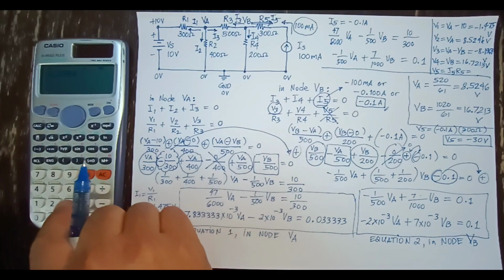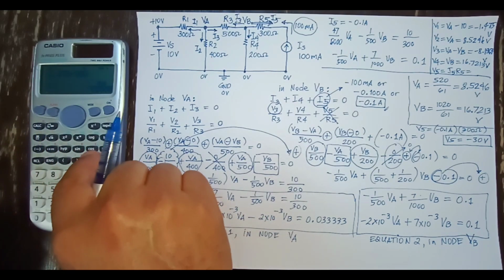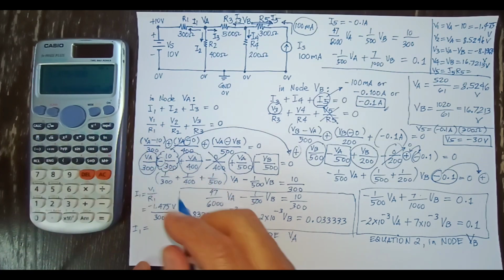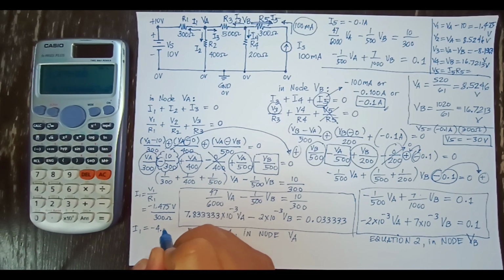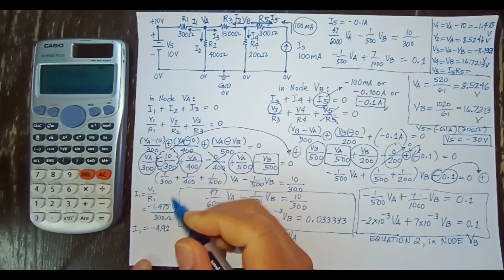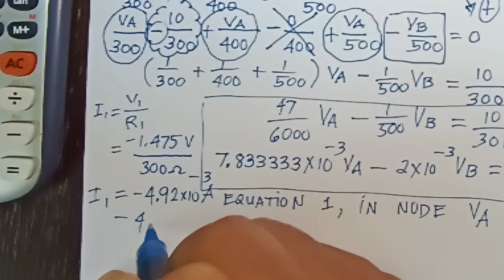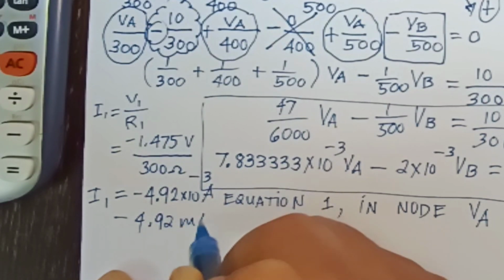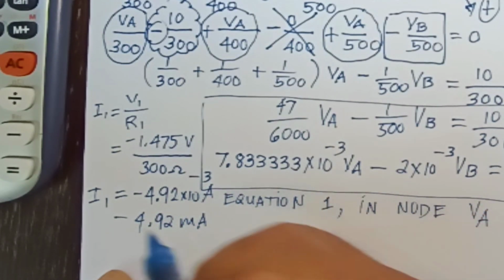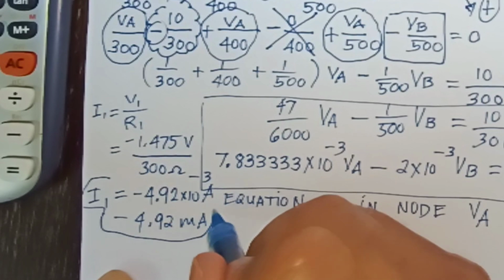The answer will be ampere. And let's see what we got here. We got minus 4.92 times 10 to the minus 3 ampere, or let's make this milliampere because times 10 to the minus 3 is milli. We got minus 4.92 milliamperes.